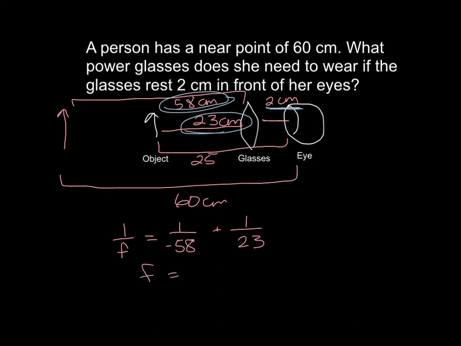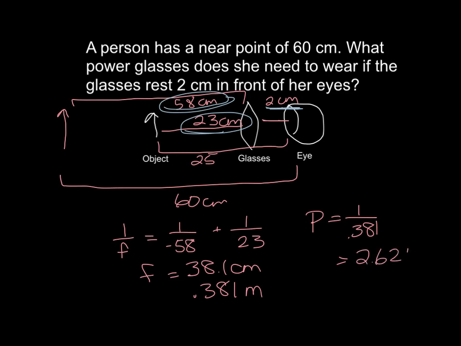So we'll get a focal length of 38.1 centimeters, which is 0.381 meters. And so when we go to find the power, we're going to go 1 divided by 0.381, and we're going to get a power of 2.62 diopters.